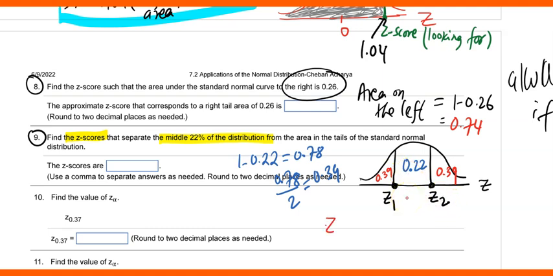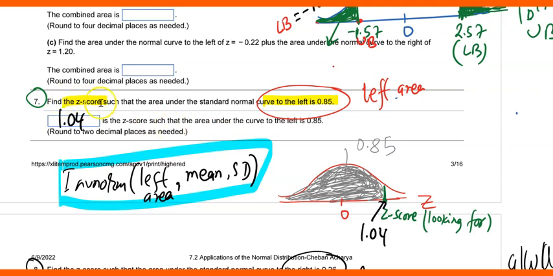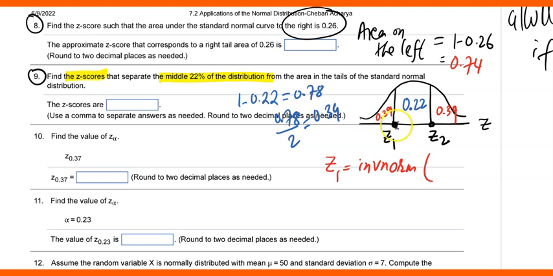To find z1 you use invNorm. Remember that to find the z-score you always use what? invNorm. We just did it. To find this z-score, which is z1, we use invNorm. And what's the left area from this point? 0.39, right? Comma, mean 0, because that's the standard normal curve, mean is 0, standard deviation is 1. Put that in the calculator.